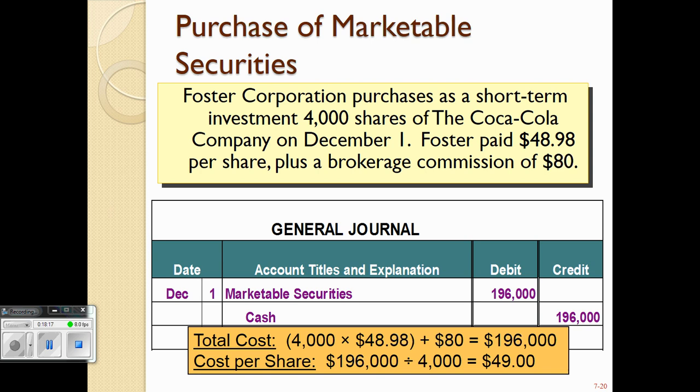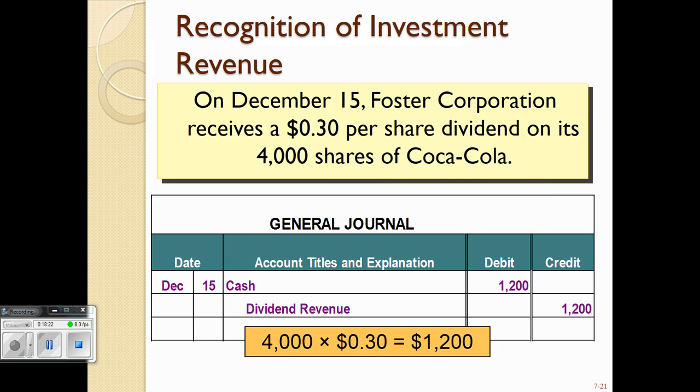Okay. And notice they figured out the cost per share was 49 bucks. When that company paid a dividend, notice cash went up, in this case $1,200, and I have a credit for dividend revenue. It's a revenue account for $1,200, and that's the journal entry to record that.